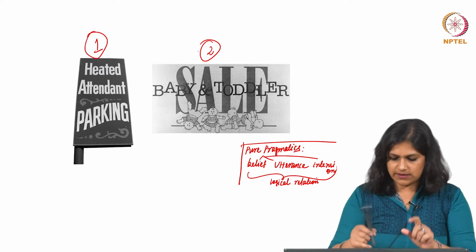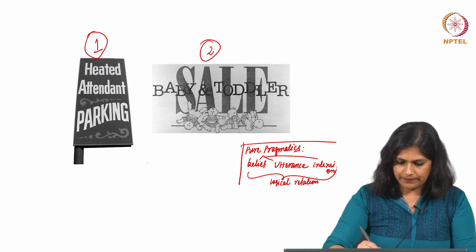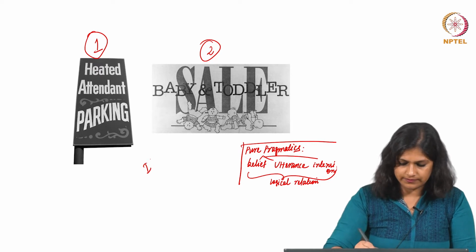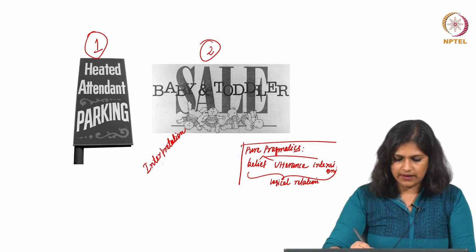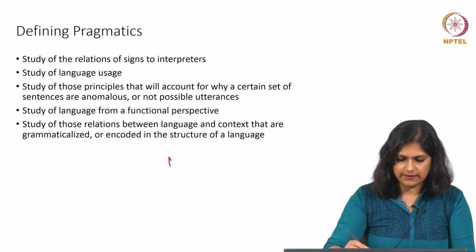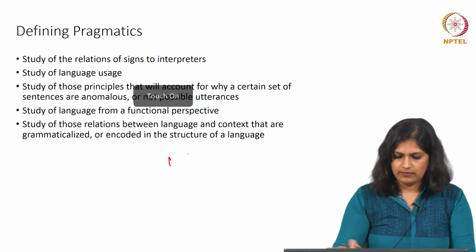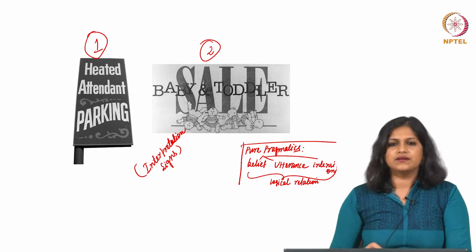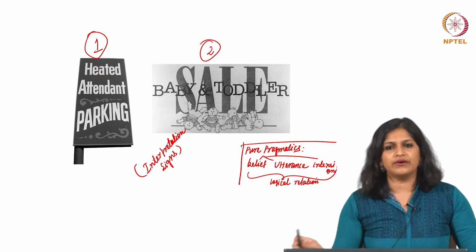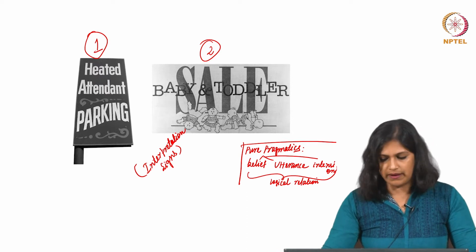Interpretation, okay. So, the term here is interpretation. These are the key terms. Then we have signs, okay. So, these are the 2 important components of pragmatics.